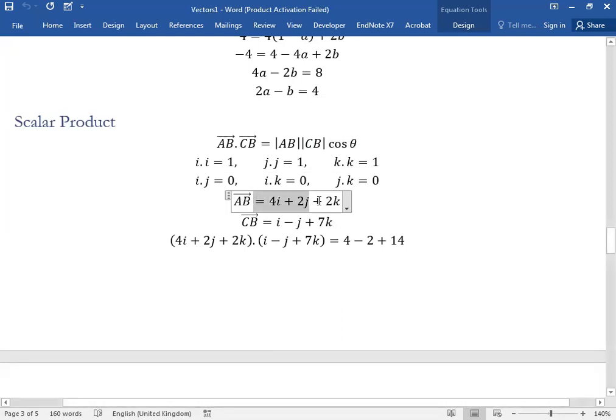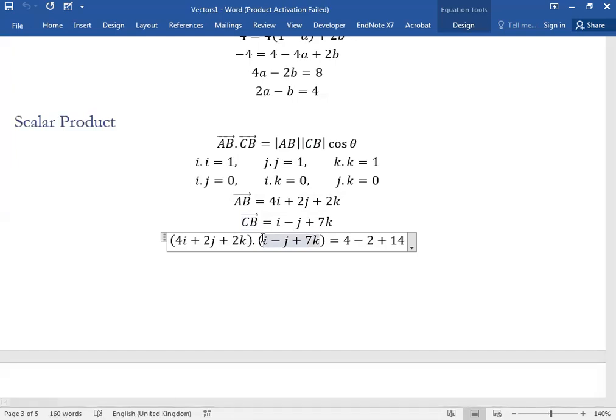So if I give you two vectors and tell you to find their dot product, what will you do? Simply multiply them just like you multiply every other bracket. 4i will multiply with i, and the dot product of i and i is 1, so I can directly multiply their coefficients: 4 into 1, which is 4.